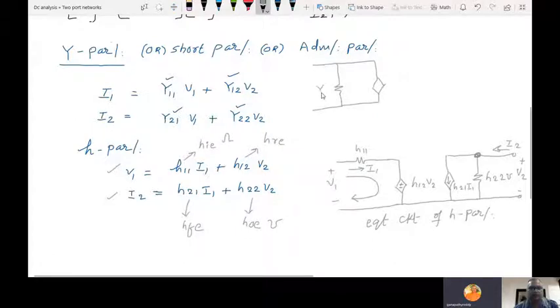So this is Y11, V1, I1. So the I1 current is equal to Y11 V1 plus this current, Y12 V2.